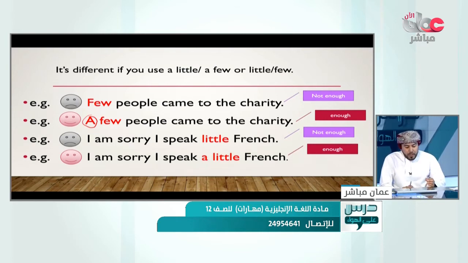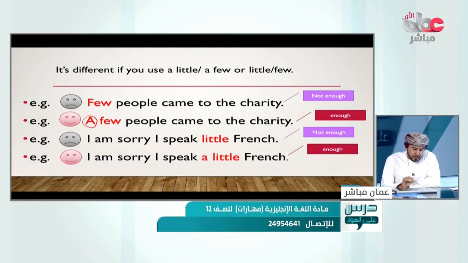A few people came to the charity. It means that, yeah, it's not many people, but enough people who came to the charity. Maybe they came 5, 10, 15, and I'm happy, I'm satisfied with the number of people who came to the charity. So here it's enough, and it gives you the positive connotation and meaning.